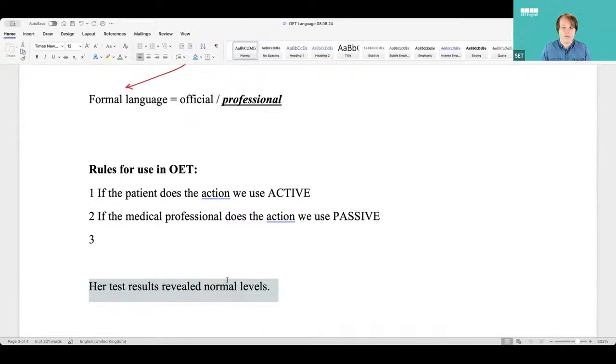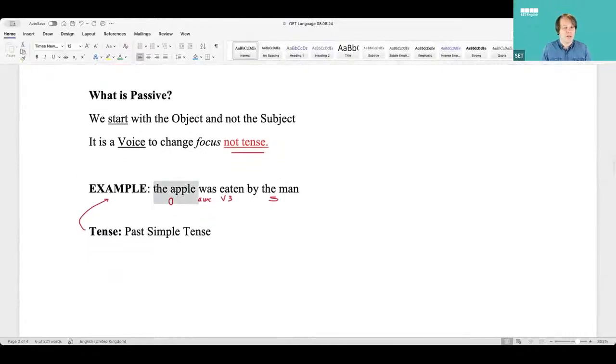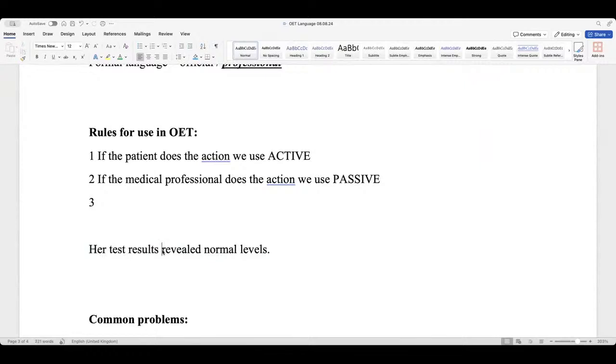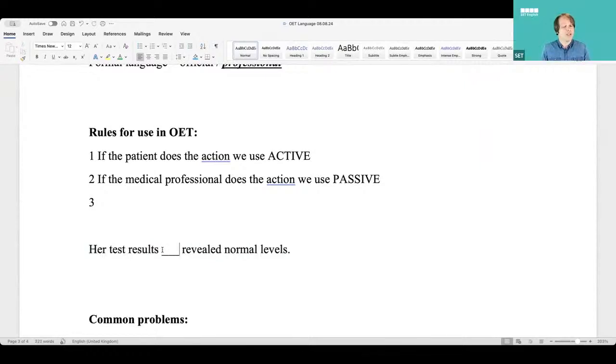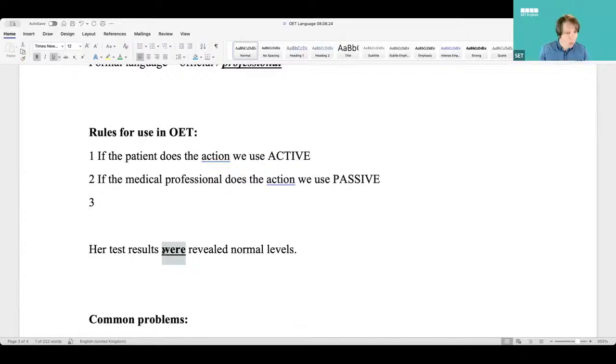If it was passive, remember, passive is object, the verb, auxiliary, and then verb 3. Her test results revealed normal levels. No, it is active. To make passive, what do I do? The results were... But is that correct? No, it's not.